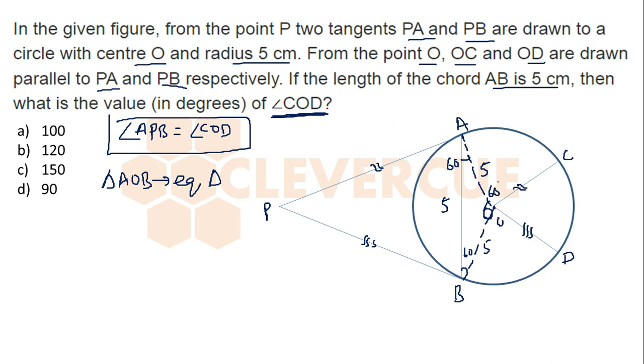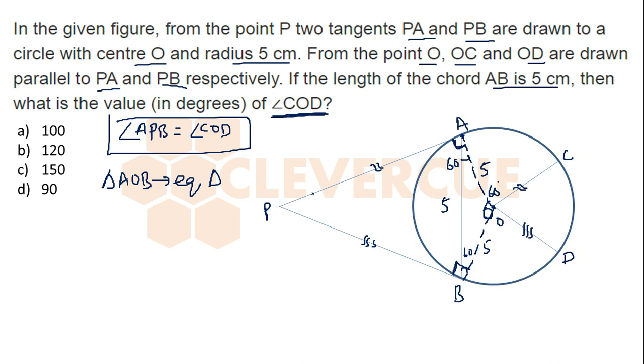This is point O. Now see, you know that this is a quadrilateral, and the angle at the point where the tangent touches the circle, when a line is drawn connecting that point to the center, will be 90 degrees, right? Everybody knows that.